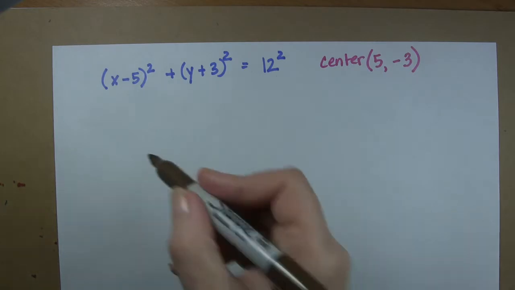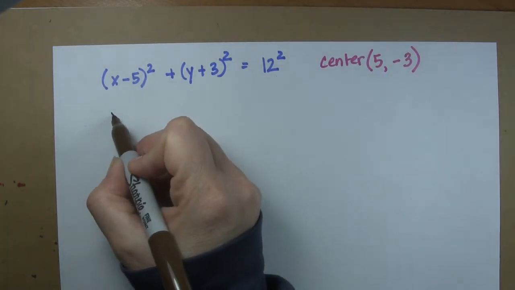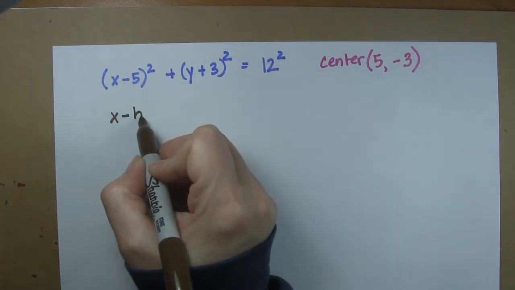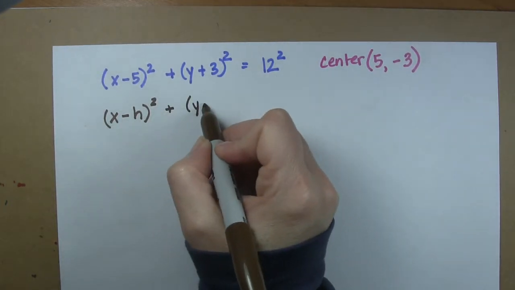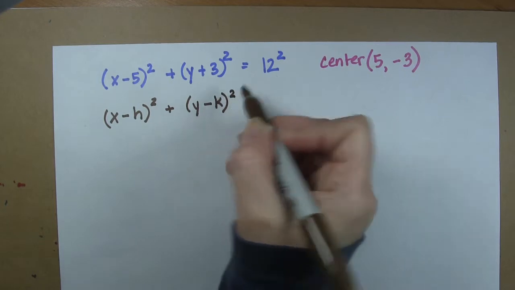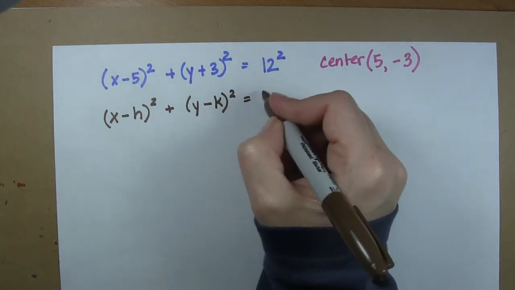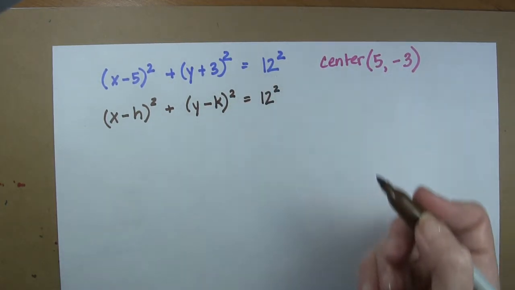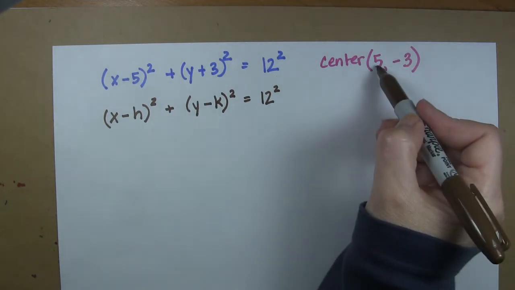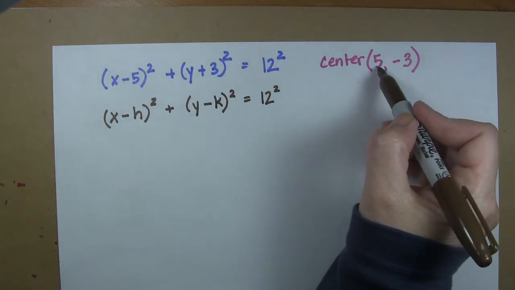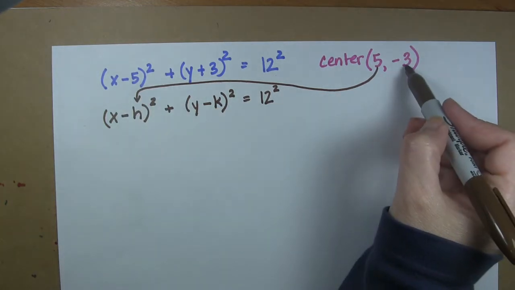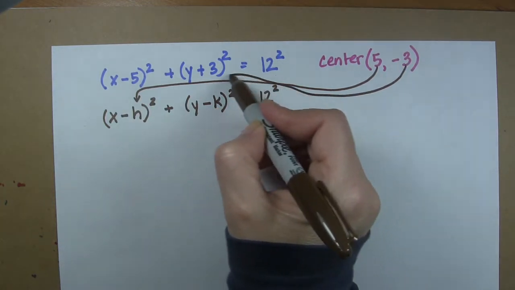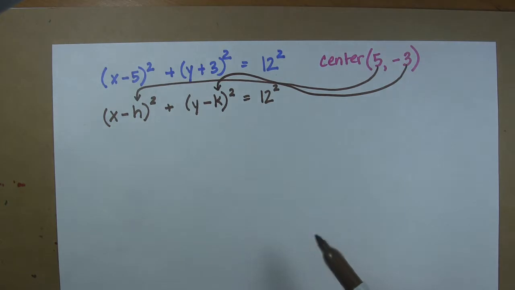Well, let's just review. Our original equation is x minus h quantity squared plus y minus k quantity squared equals 12 squared, right? Well, if our center is a positive 5, that goes here, and a negative 3 would be our k, that would go there.